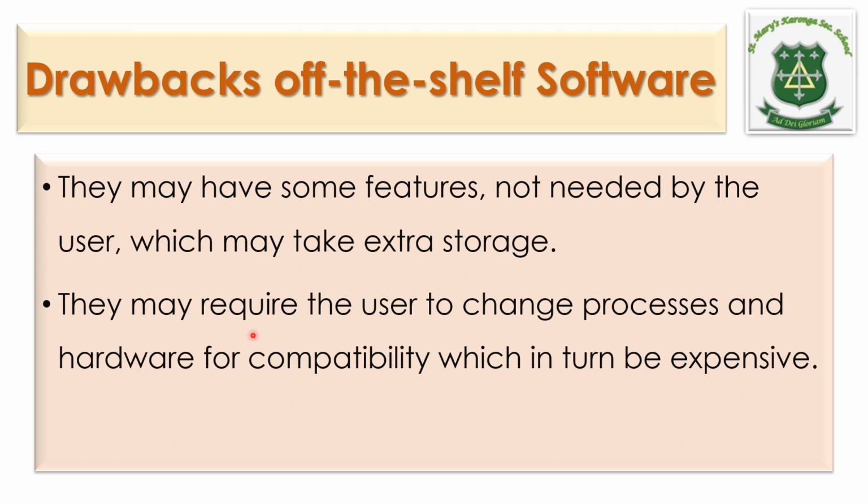They may also require the user to change processes and hardware for compatibility, which in turn may be expensive. So with this off-the-shelf or standard software, you usually need to work with compatible hardware. You need to work with something that can suit it, that it can accept.